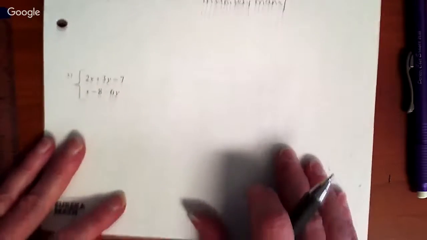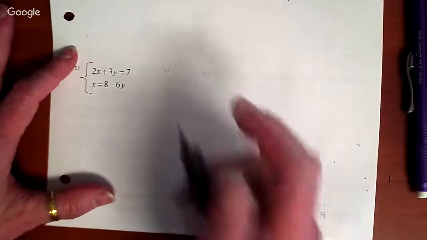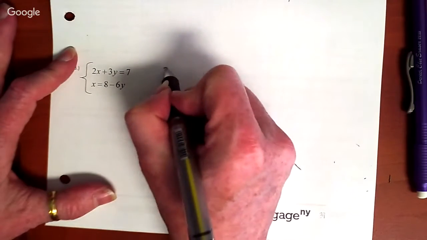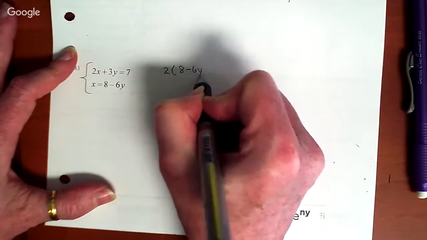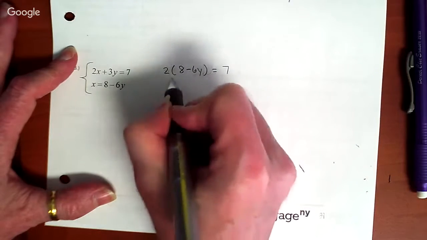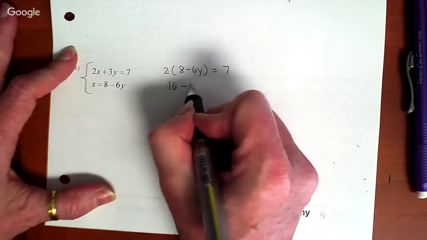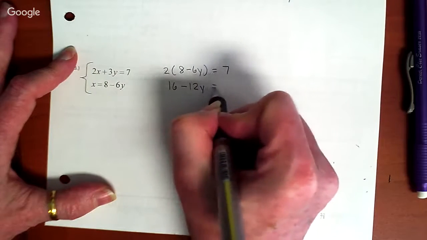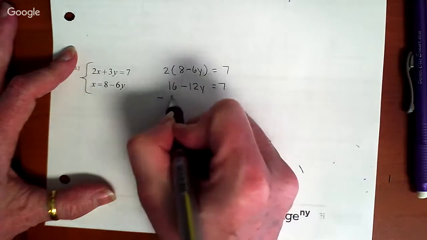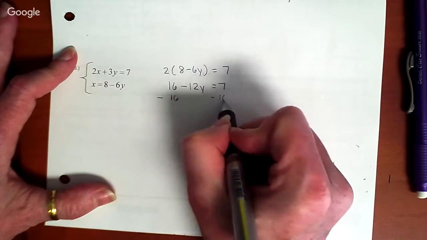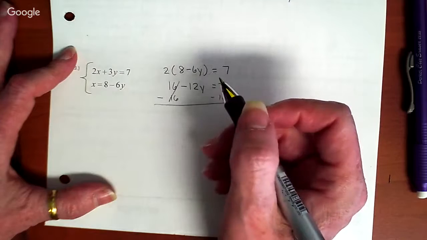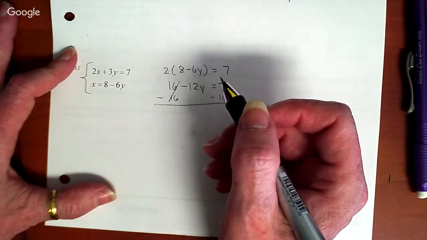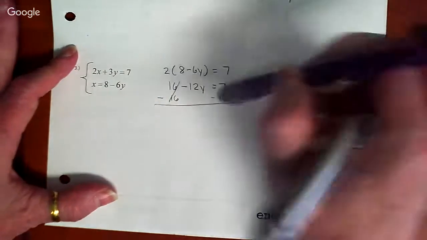And the last one we have, again, substitution. So substitute in. So we have 2 times 8 minus 6y equals 7. So we have 16 minus 12y equals 7. Subtract 16 from both sides. Oops, I forgot to add the 3y, guys, sorry.